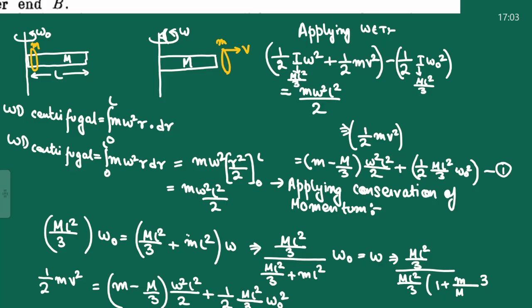So I'd get 1 plus 3m by M, and this entire thing M L square by 3 gets cancelled. So omega naught divided by this term is equal to omega. There is no other way to go further; this omega will be substituted out here.